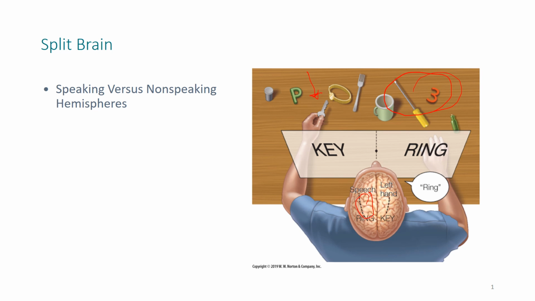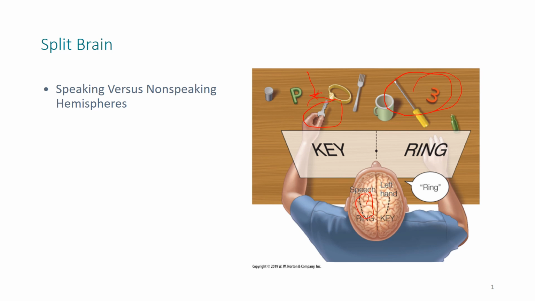Nevertheless, the left hand correctly, as you can see here, retrieves objects presented in the left visual field about which the patient verbally denies knowing anything.